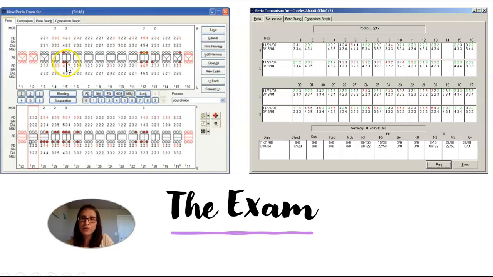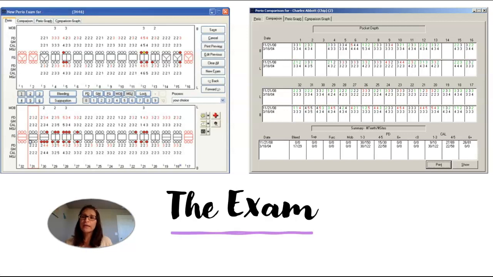So all of the red circles that are marked indicate areas where bleeding occurred as they were probing all of these different teeth. You can see why, because in some of these areas there are pocket depths of 5 and some 4s. Even in some of the areas where there are 3s, there is still some bleeding going on.